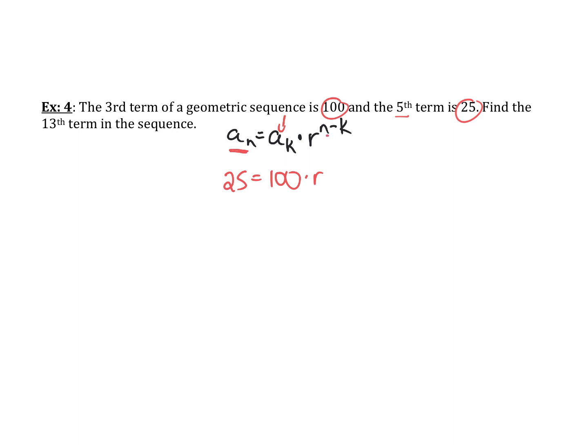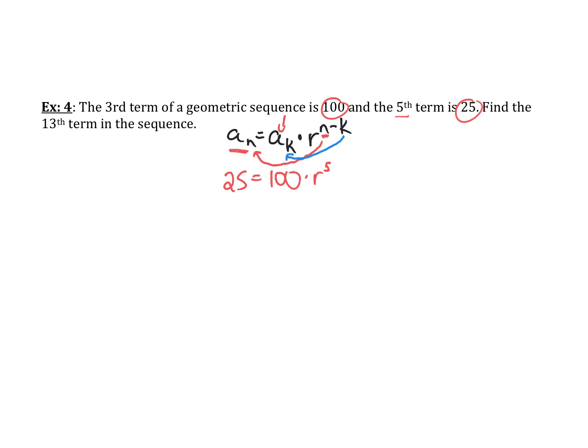And if you remember, n always matches the place of this term here. So what is the place of 25? That was the fifth term. So I'm going to plug in 5 for n, again to match that term, 25. And then I'm going to subtract from it the place of the a sub k term.